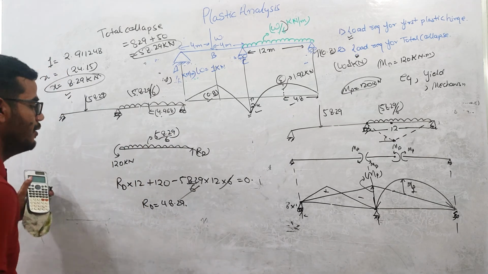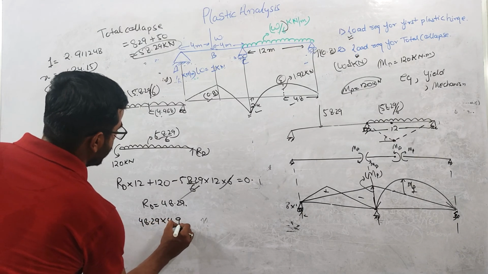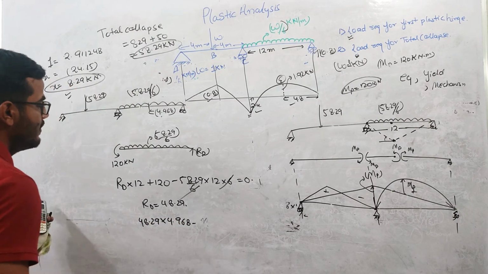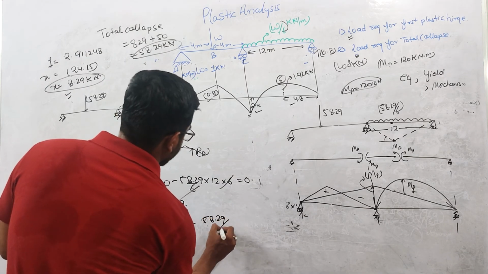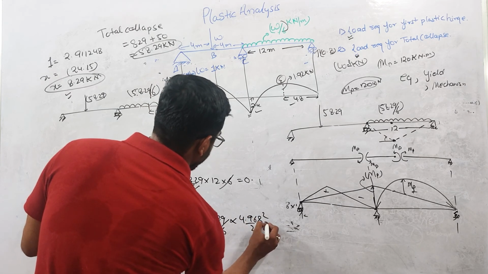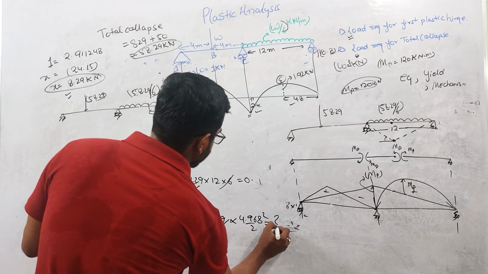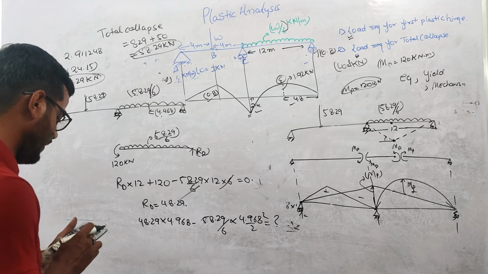If you calculate the moment at this point, 4.968, for the equilibrium to be satisfied, that moment should be equal to the MP value. So 48.29 into 4.968 minus 58.29 by 6 into 4.968 square divided by 2. It should come out to be 120. If it is not, then the equilibrium condition is not satisfied.